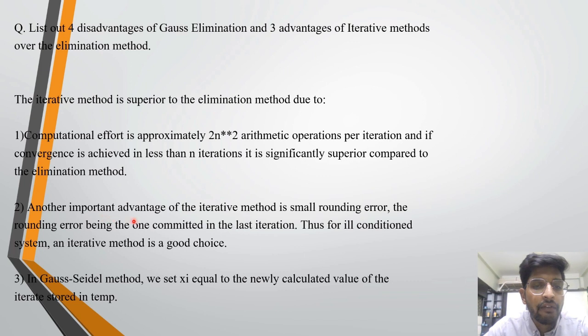Another important advantage of the iterative method is small rounding error, the rounding error being the one committed in the last iteration. Thus, for an ill-conditioned system, an iterative method is a good choice. In the Gauss-Seidel method, we set xi equal to the newly calculated value of the iterate, stored in the temporary value.